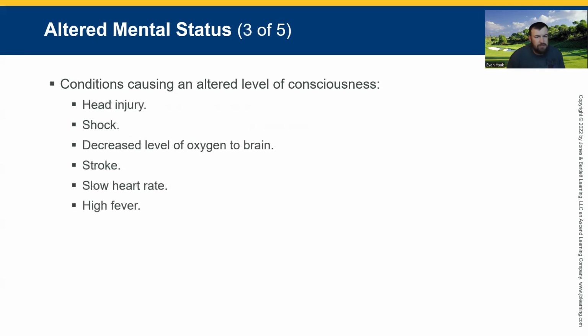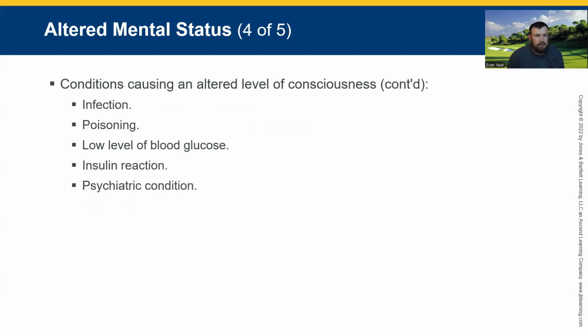So head injuries, that's a big one. Shock, we're going to talk about. We've talked about decreased oxygen. Stroke, we're going to talk about. Slow heart rate, you're not getting enough oxygenated blood to the brain, so it's going to cause that. High fevers, we're going to talk a little bit about that in children and infants. Febrile fever and what it can cause.